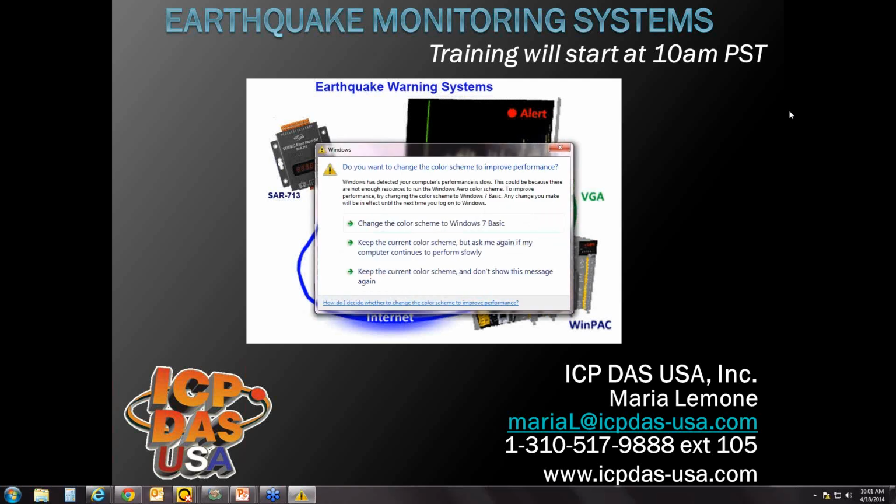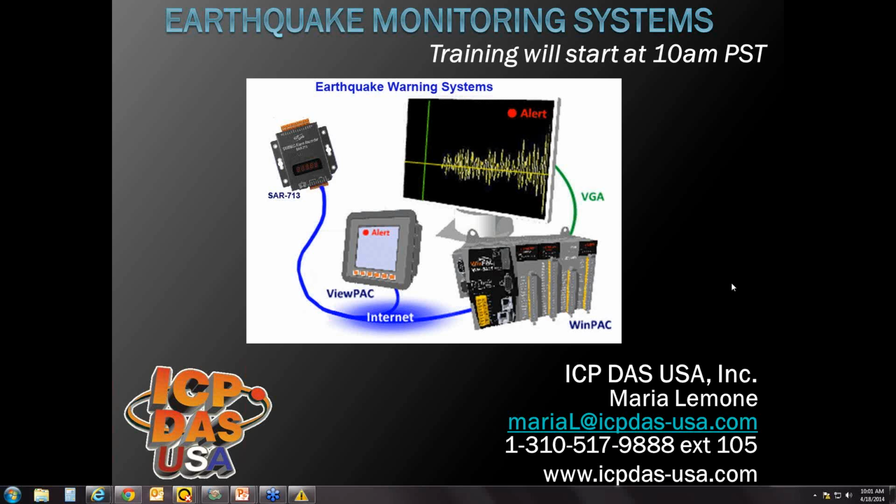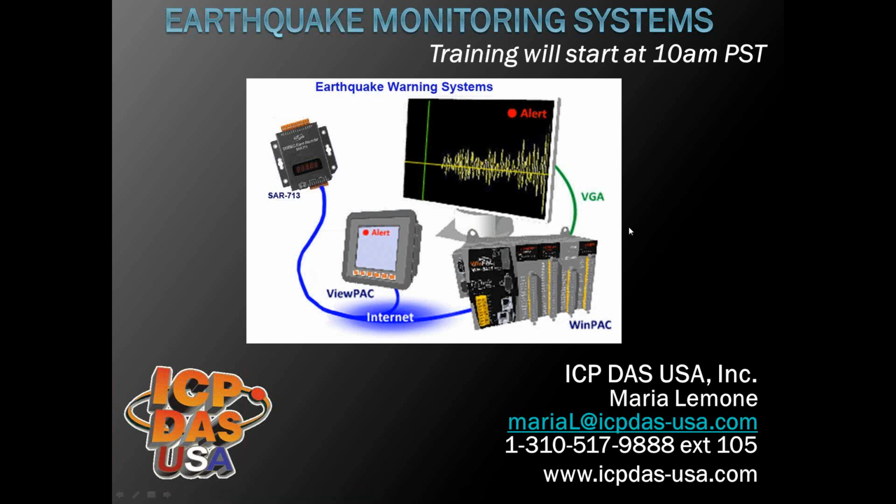SAR-713 is a seismic recorder device with a triaxial accelerometer, which helps to detect earthquakes. It has a built-in algorithm which can eliminate non-earthquake vibrations, making it more reliable.